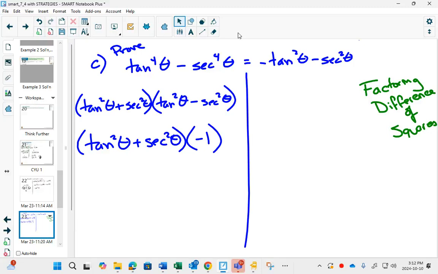More than one mental math. I can easily get tan squared theta minus secant squared theta on one side of that equation, right? But then I'd also have to move the 1 over to the other side. So I did 2 mental math things to do that. So I would lose a mark for 2 mental math manipulations. You want to see 3 mental math manipulations? If this was 2, the third one I'll distribute the negative, and then I'd be done.